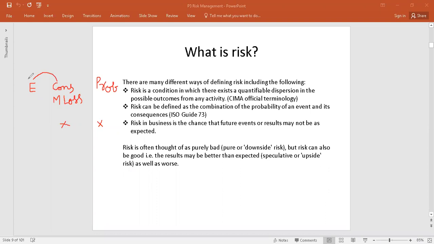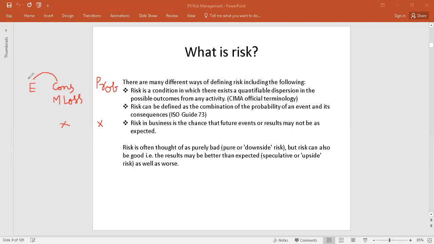So list out all the events, and for each event the consequence has to be quantified and recorded in terms of monetary value. Then the probability of happening of each of the events also has to be considered, multiply them, and then find out what is risk.